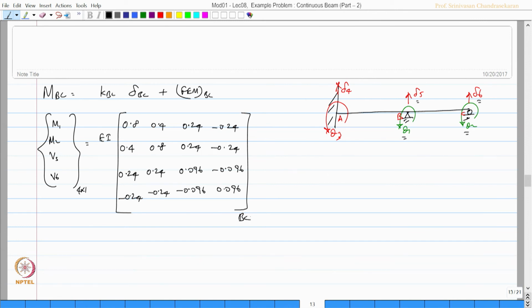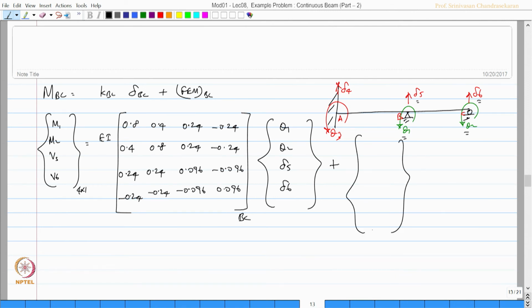This is for the span BC and this will be multiplied by delta BC, which will be equal to theta 1, theta 2, delta 5 and delta 6. Add this to the fixed end moments which we already have for the span BC, which will be 25, minus 25, plus 20 and plus 20.